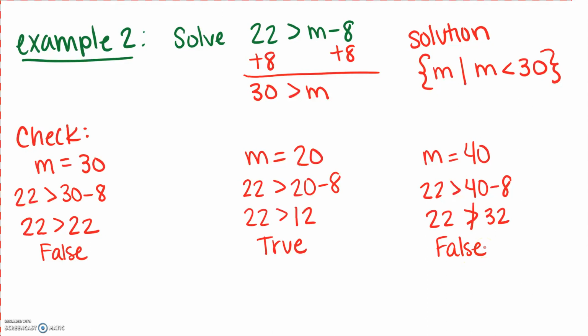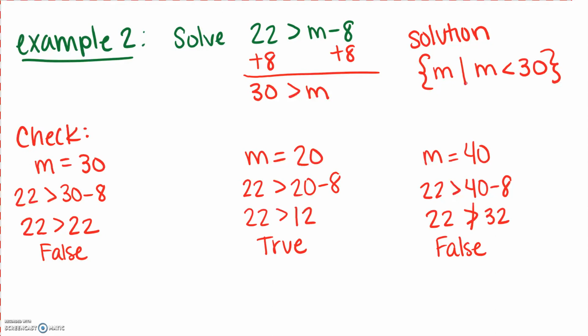And if we look back at what we checked, the only value that was true was one that was less than 30, which is what our solution set says, that it has to be less than 30.